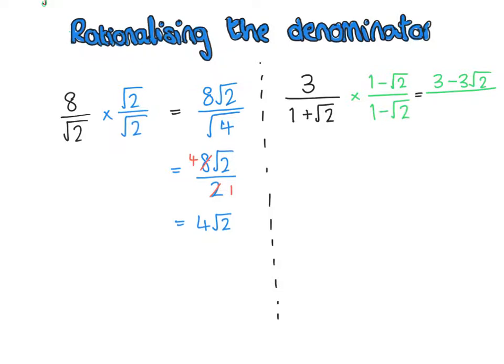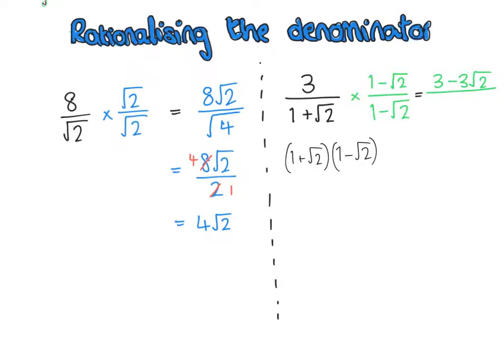And then this is effectively the same as expanding out a double bracket. So let's just have a look at that. So we've got 1 plus root 2 multiplied by 1 minus root 2.